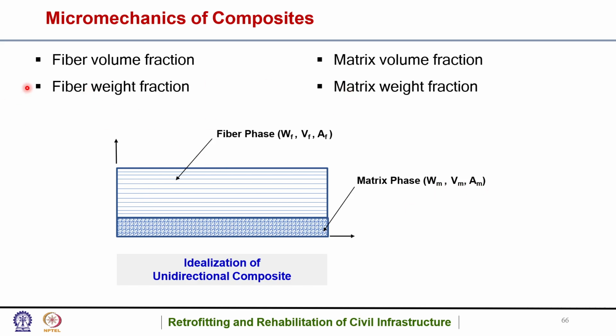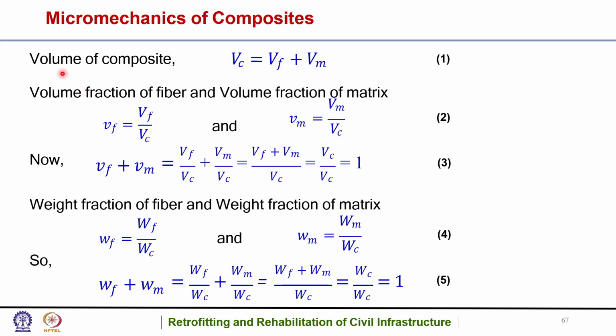Here we will see the fiber volume fraction, matrix volume fraction, matrix weight fraction, and fiber weight fraction. The volume of composite VC, if it is void free, equals VF plus VM, the volume of fiber plus the volume of matrix. Volume fractions are defined with a small v. The volume fraction of fiber is capital VF by VC, and the volume fraction of matrix is capital VM by capital VC.